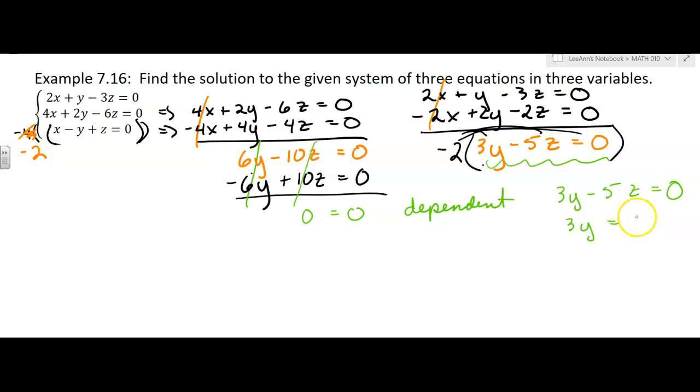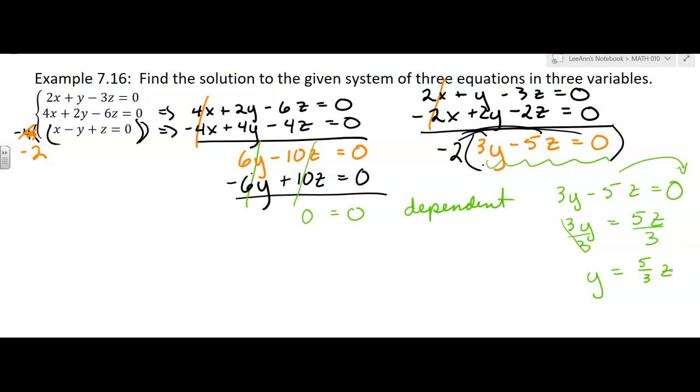In terms of z, I said in terms of x, but we'll just see how this goes. All right, so we'll divide by 3. Sorry, I added the 5z over. I just did that without talking about it. Now I'm dividing by 3, so I get y equals 5/3 z.